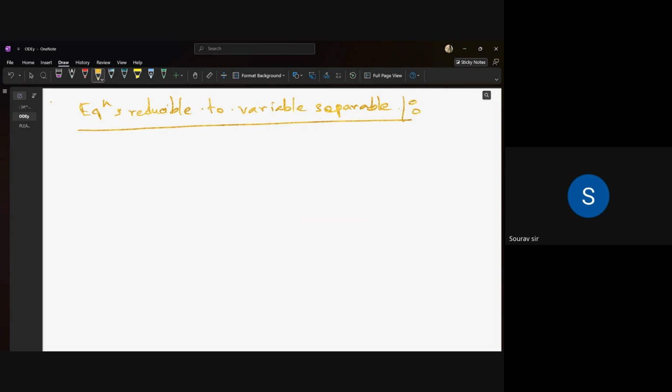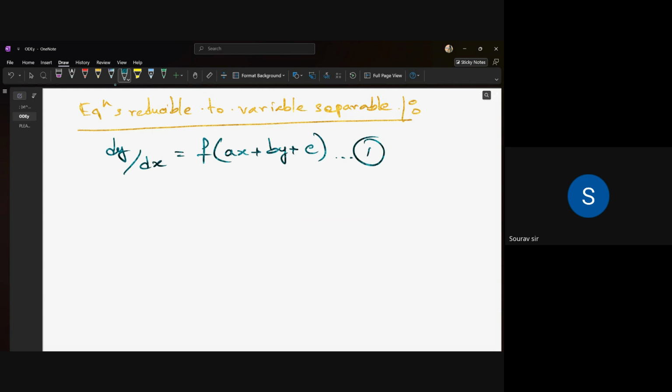Now in this case, basically we will have some differential equations like, and let us take it one.